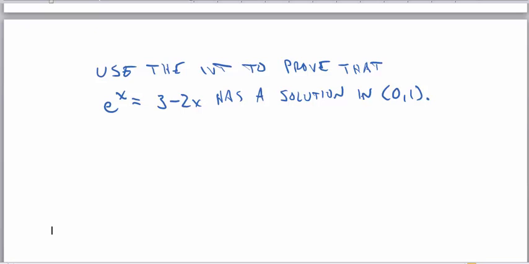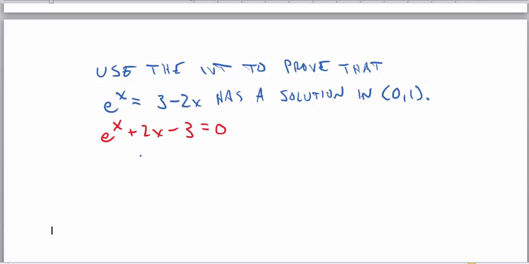Well, simple. I can very easily turn this equation into a function. What I can do is get everything to one side, so I can subtract the 3 and add the 2x. So I can turn this equation into e to the x plus 2x minus 3 equals 0.